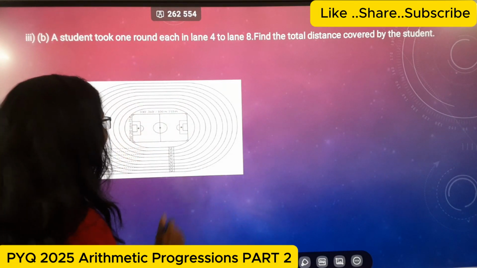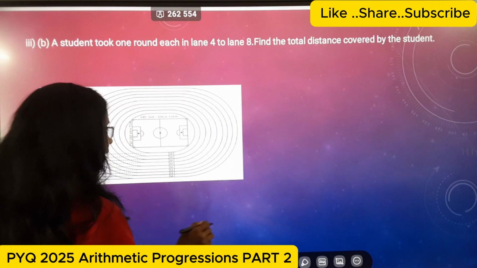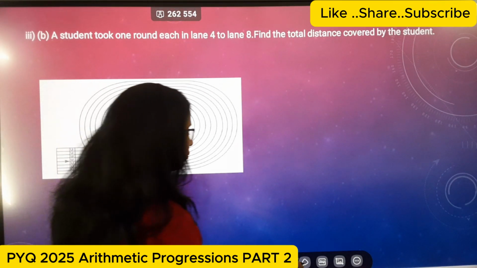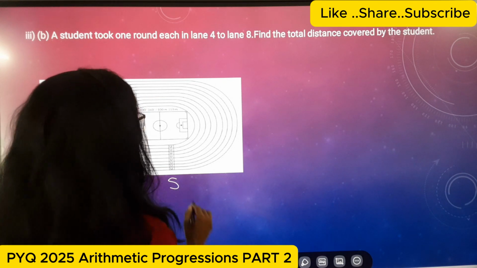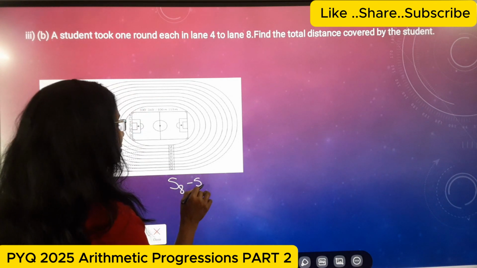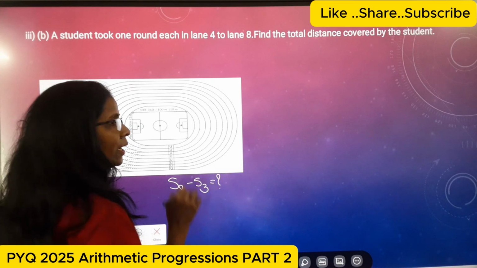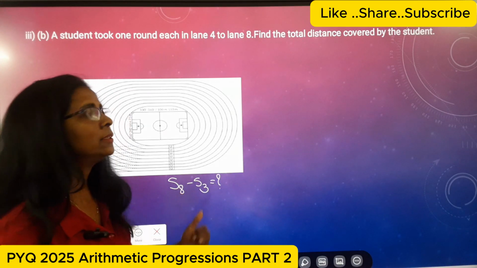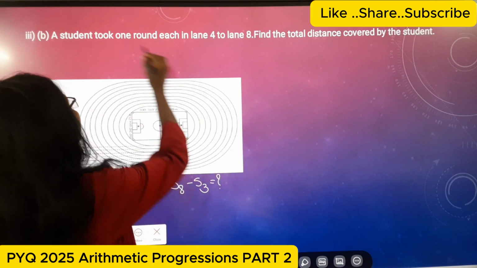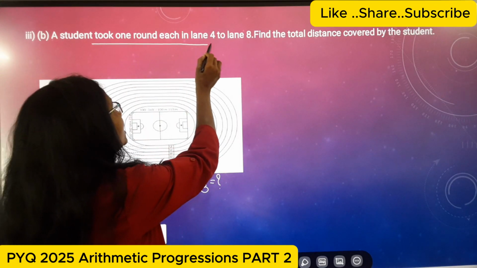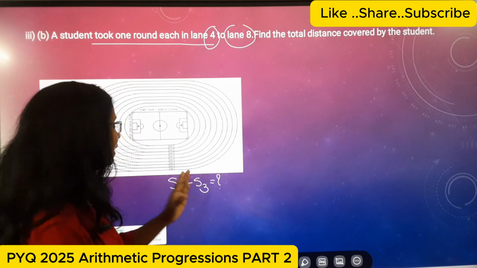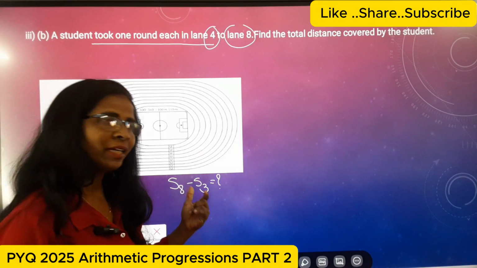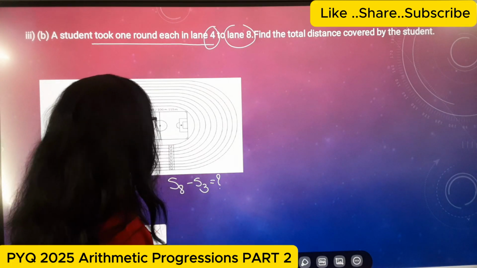So that means we have to find out S8 minus S3, that is the end of S3.